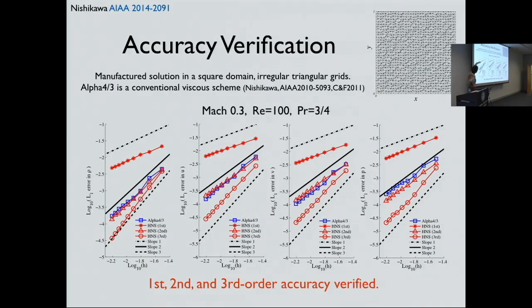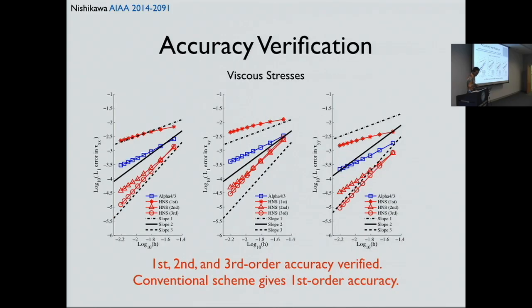So the density, the red curves are the hyperbolic results, and the blue is the conventional scheme. So we see first and second and third order accurate in the density, and conventional scheme is second order. And the same for other variables, X velocity, Y velocity, and pressure. These are not very interesting, just as expected.